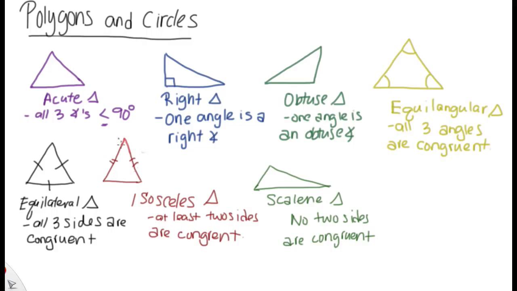So looking at this isosceles triangle, the angles opposite these congruent sides here are called base angles. These are base angles, where the side between these two angles is called the base. So this would be the base, and these angles here would be called the base angles.